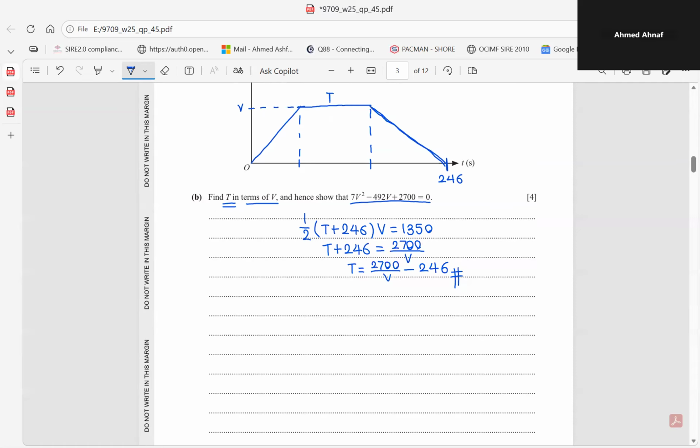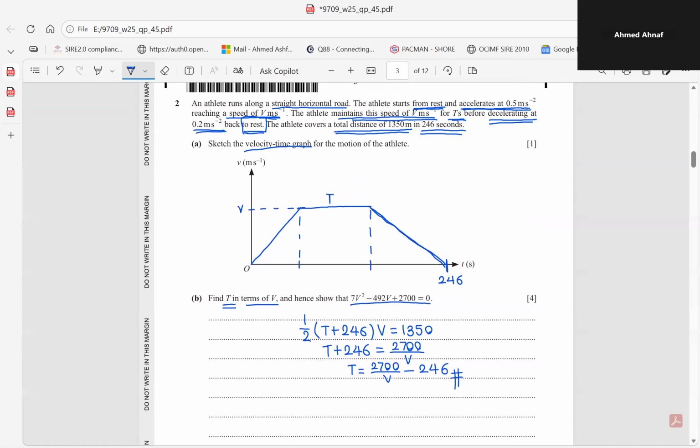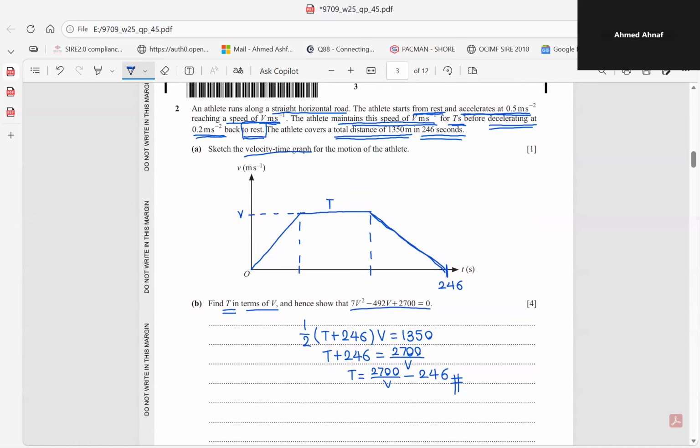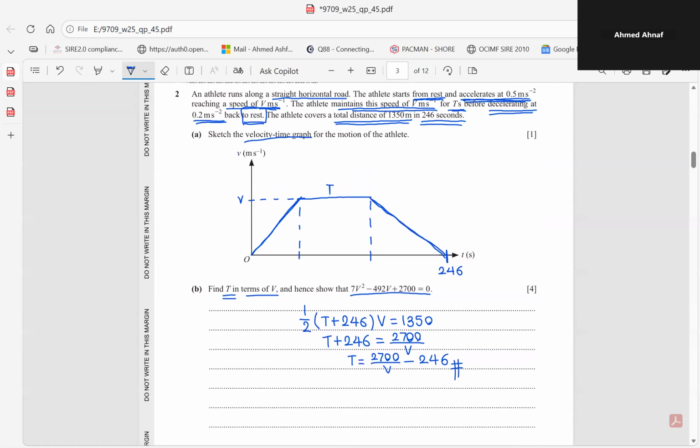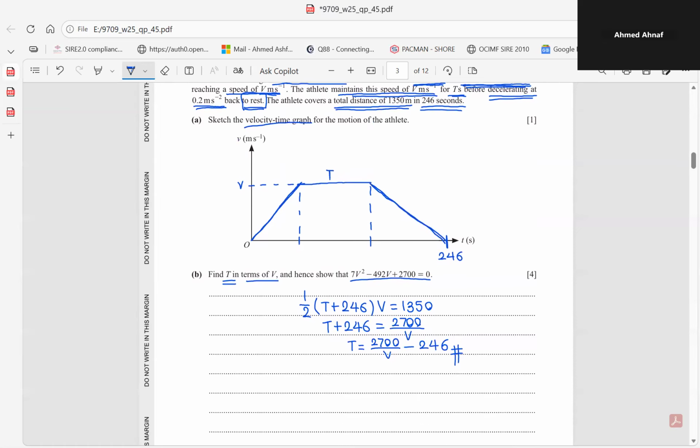Now we have to form another equation in terms of t and v. So let's use the acceleration of 0.5 meters per second squared. We can equate that to the gradient of this section here. I think we can just put this as x.